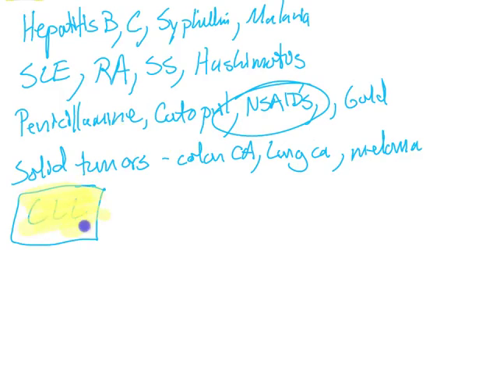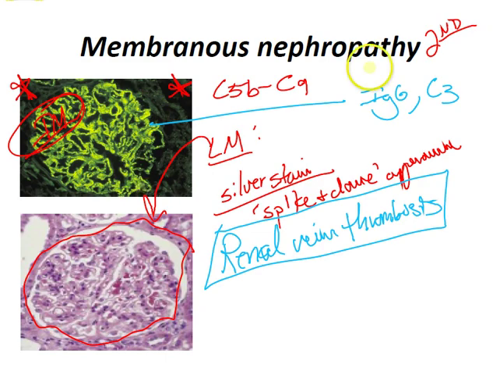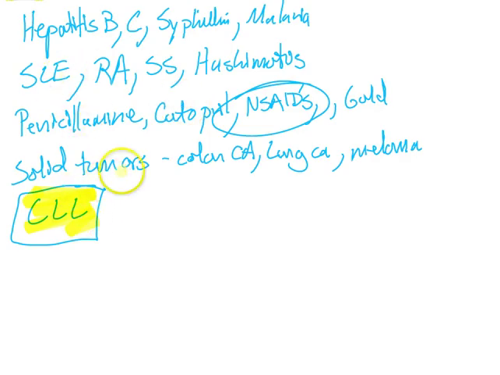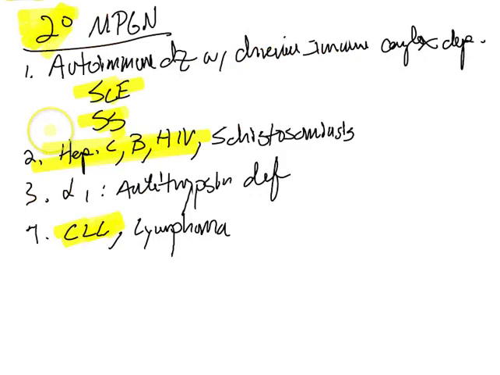See the CLL causing what? Secondary membranous, this second most common type seen in adults, membranous nephropathy, immune-mediated CLL. See that right there? See Hep B and Hep C right here. Sjogren's, lupus, solid tumors. So moving back down here, look at this one. This one kind of stands out.